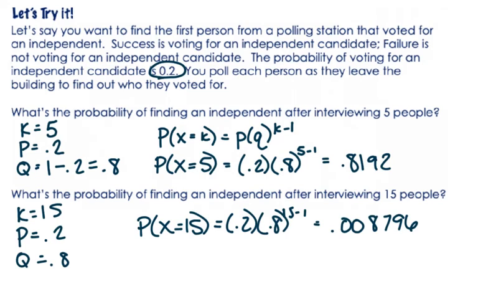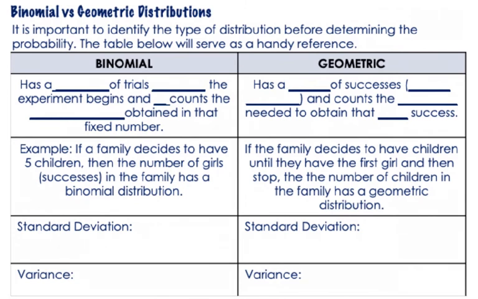Yeah, it's really not that bad. You have to be able to understand the difference between binomial and geometric. So let's just make sure we understand how to determine between them. So binomial has a fixed number of trials before the experiment begins, and x counts the number of successes.